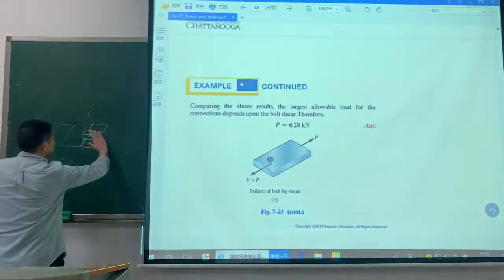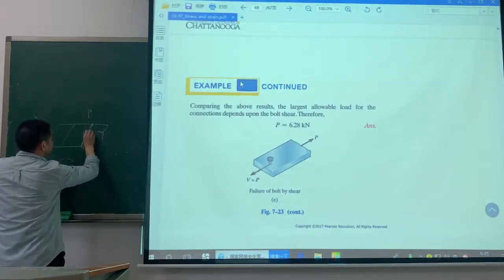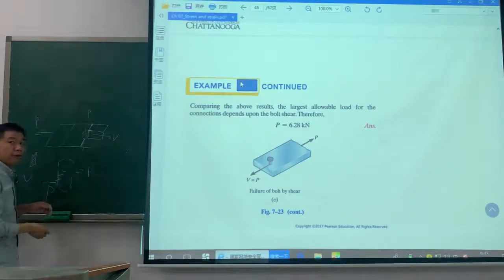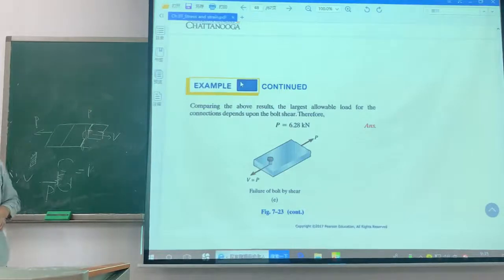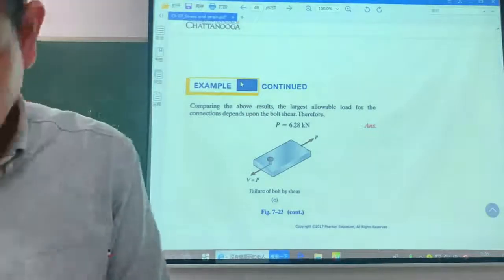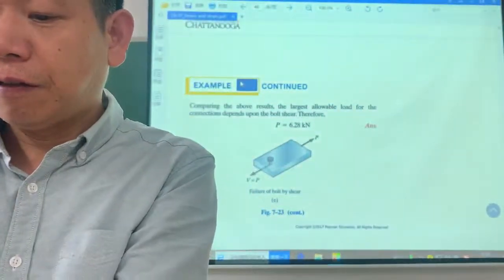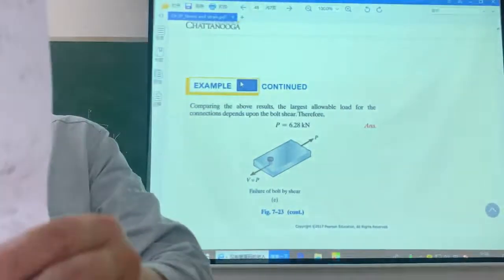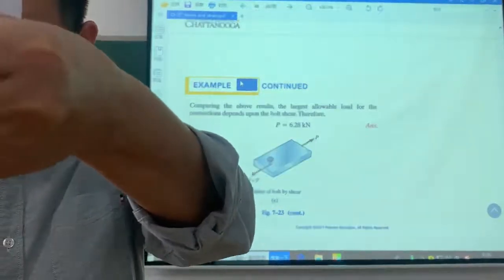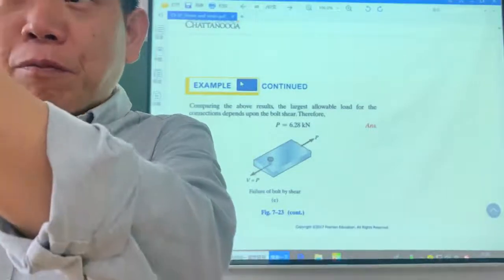So in this way, the plate will be broken like this.